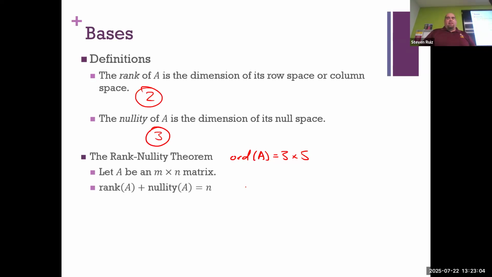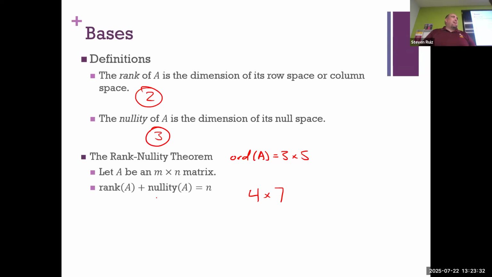Let's give you an example here. Let's say we have a 4 by 7 matrix. What's the greatest the rank could possibly be? Why 6? Well, because there's always the nullity of 1, because it's 0, 0, 0. Okay, so the nullity will always be 1. Are we sure about that?